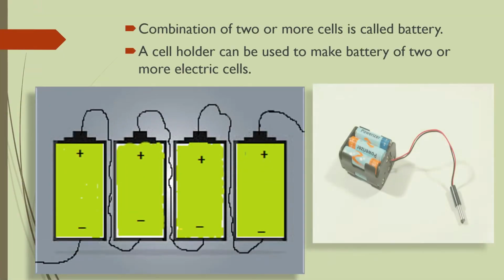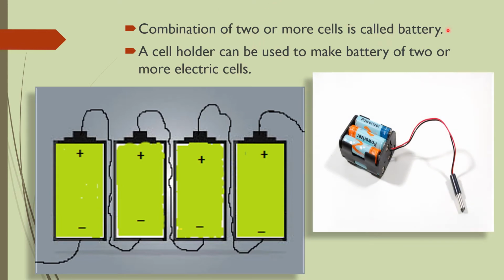What is battery? Combination of two or more cells is called battery. A cell holder can be used to make a battery of two or more electric cells. Here you can see how the cells are connected actually. You should know how to connect all the cells to make a battery. This is the positive terminal. Connect a wire from the positive terminal of one cell to the negative terminal of another cell.